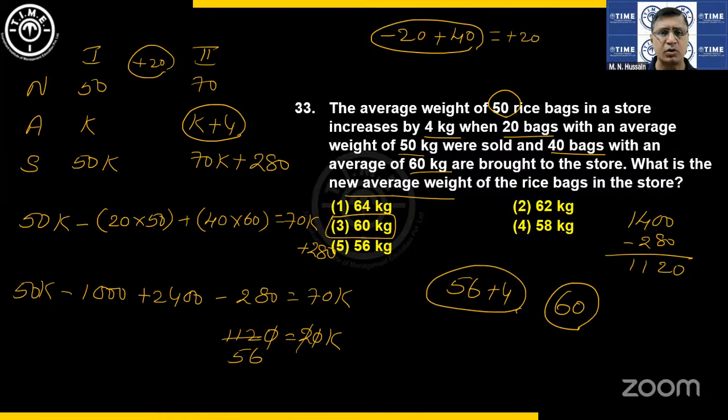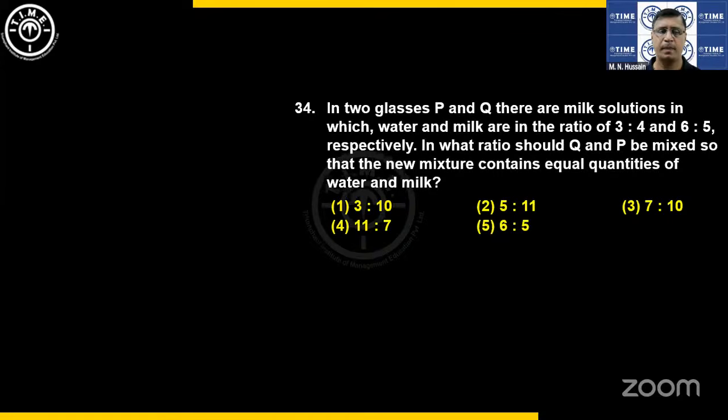Next example, question number 34. In 2 glasses P and Q, there are milk solutions in which water and milk are in the ratio 3:4 and 6:5 respectively.